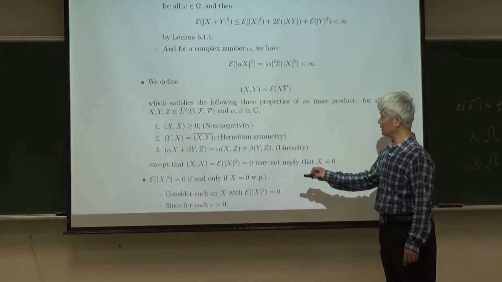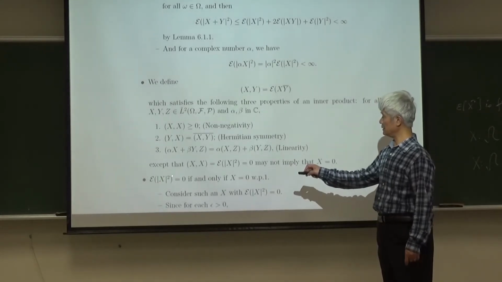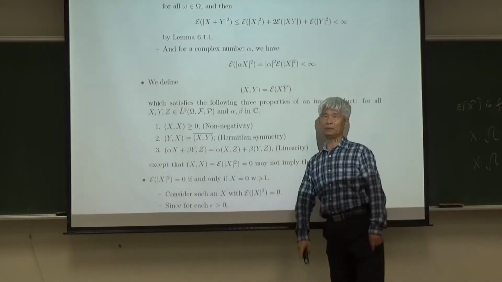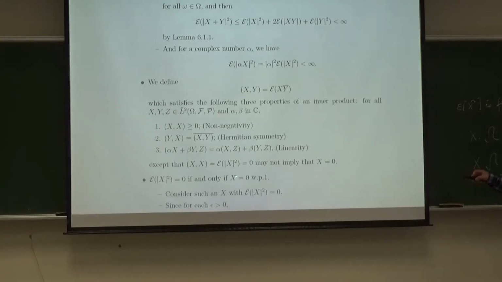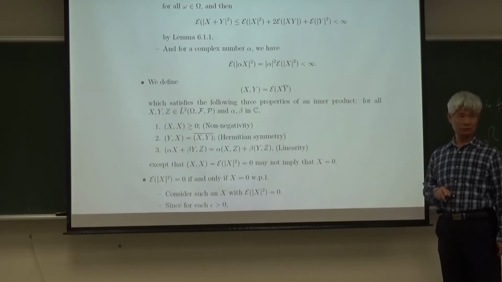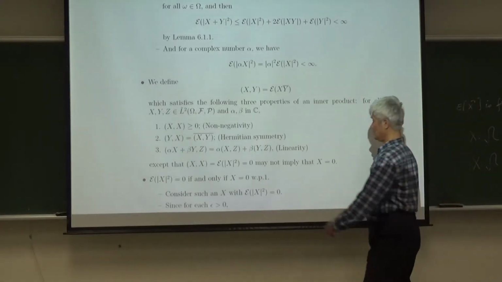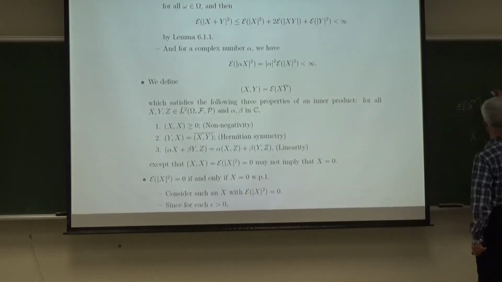But we know that the second moment is 0 if and only if x is 0 with probability 1. X equal to 0 with probability 1 does not mean that x is identically 0. It is possible that for some omega, x of omega is not 0. It's just an event.